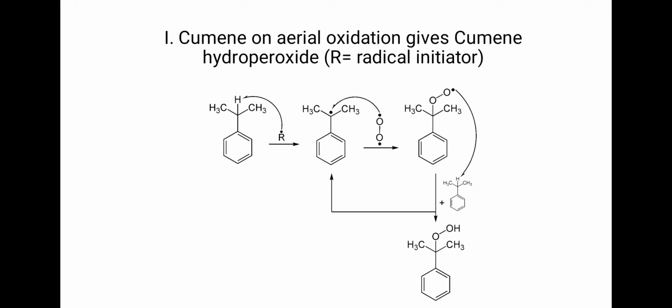In the presence of a radical initiator, firstly an H radical will be abstracted, and hence we'll get this second product, a radical product, which in the presence of dioxygen gets converted into the third one, and the third one again undergoes, because this is a propagation type of step, it will again react with isopropylbenzene and finally get converted into cumene hydroperoxide.